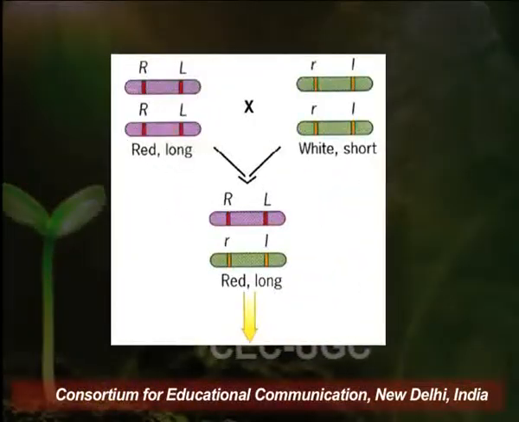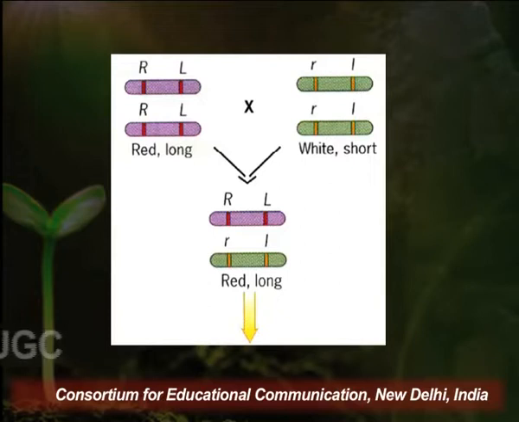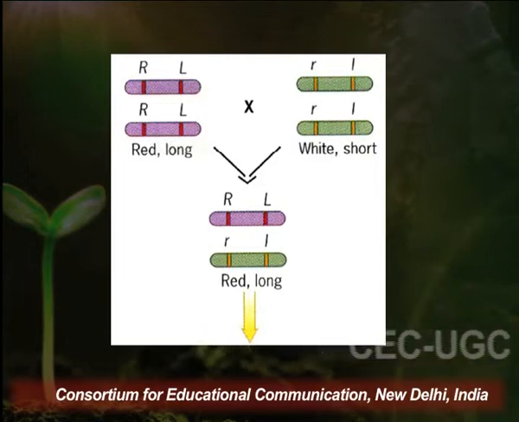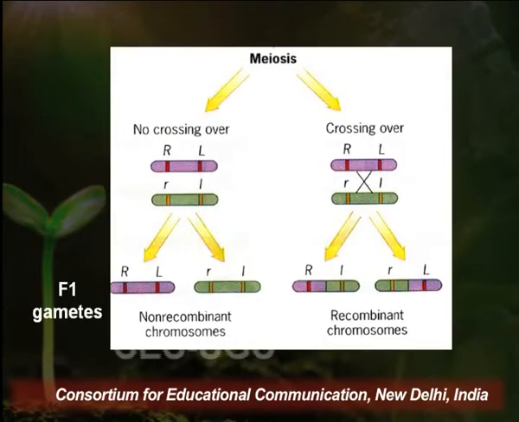On your screens, if we were to summarize this whole process, you would find that this is something like coupling and repulsion that we had talked about earlier by the hypothesis of Bateson and Punnett. So, if we are going to have these two parents, there are two situations. Either there is crossing over or there is not. If there is no crossing over, then the genes would be linked and they would not be assorted independently.